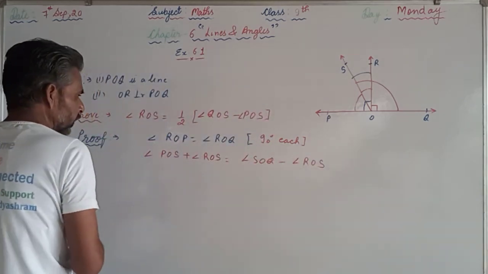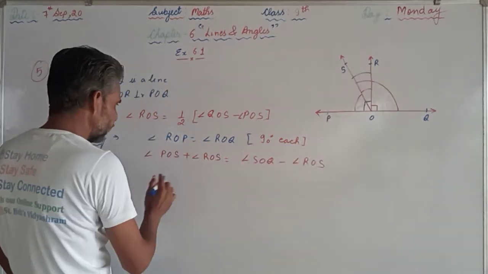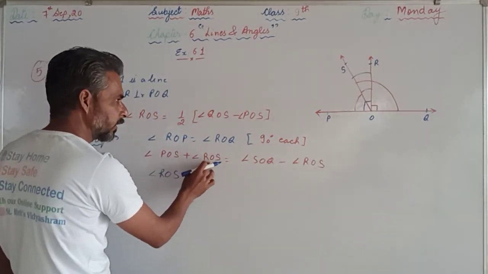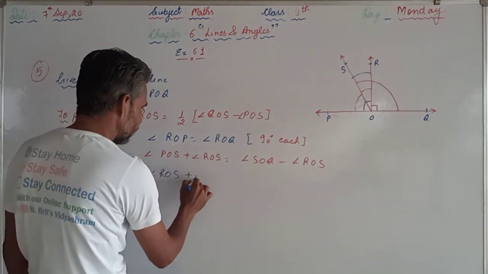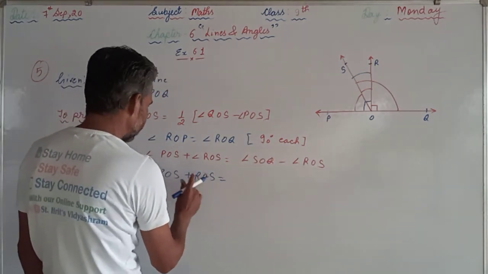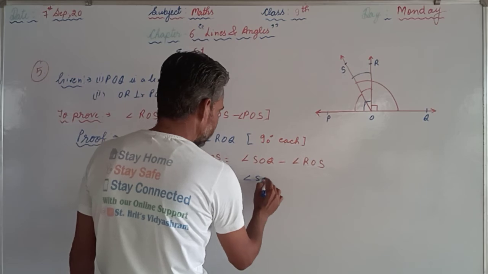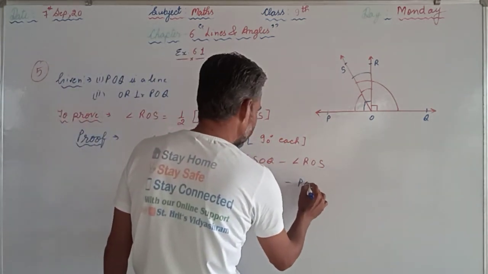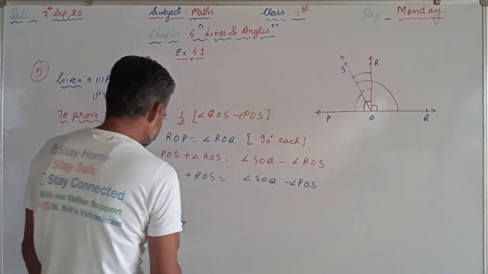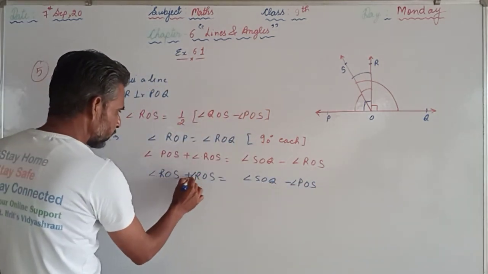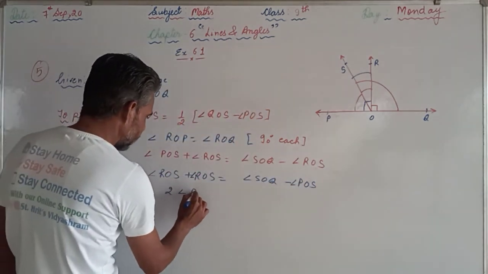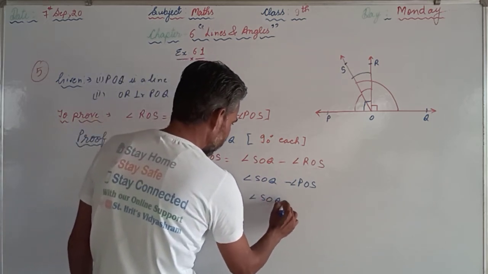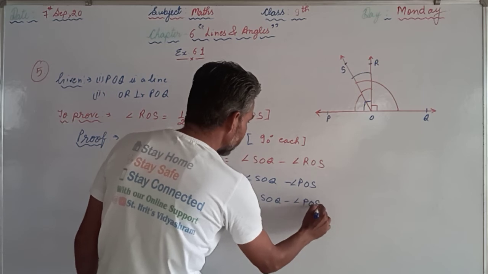So now we will shift ROS to this side. Angle ROS is already here, so this will come plus ROS, and angle SOQ, and this will shift to that side, minus POS. Now ROS plus ROS, twice angle ROS, is equal to angle SOQ minus angle POS.